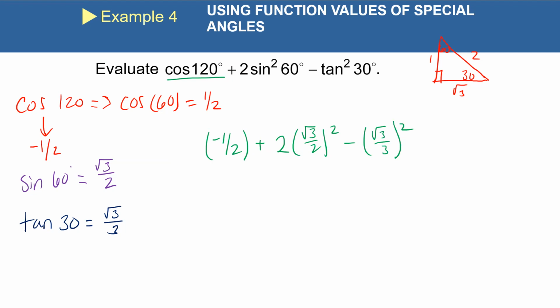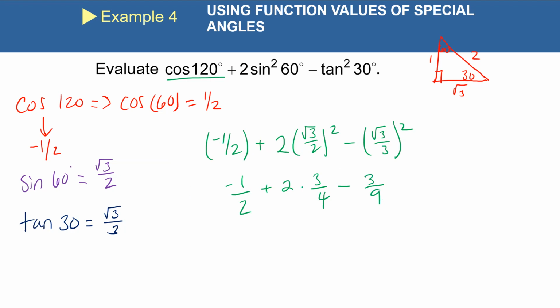So we found our values, we plugged them in, and now it's just numerical. So we have negative 1 over 2 plus 2 times 3 over 4 minus 3 over 9.